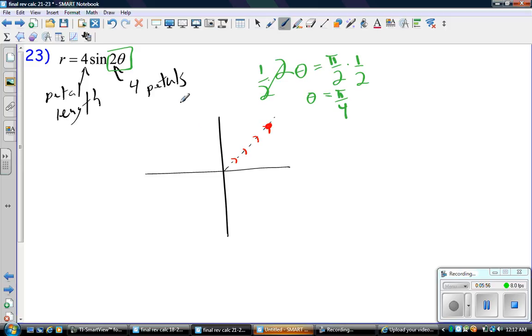And now I've got to split 2 pi into 4 equal parts to get my petals evenly spaced. Which means each petal is going to be pi over 2 from the previous one. So if I add pi over 2 to this, it's going to get me over here.